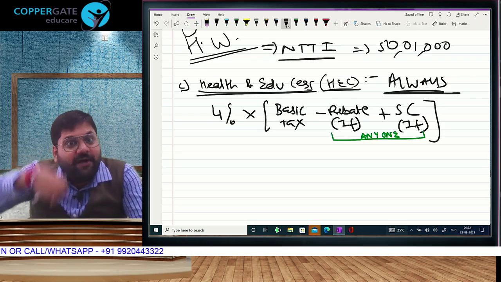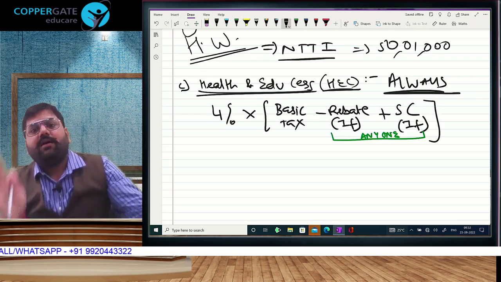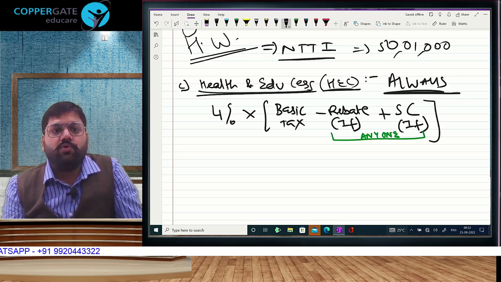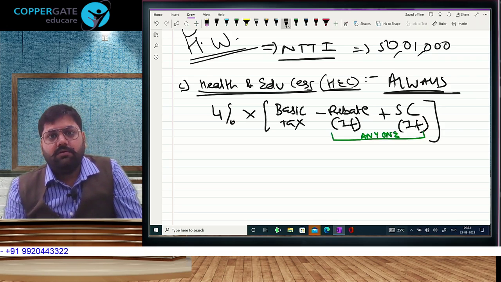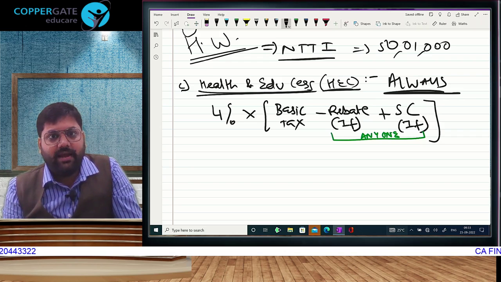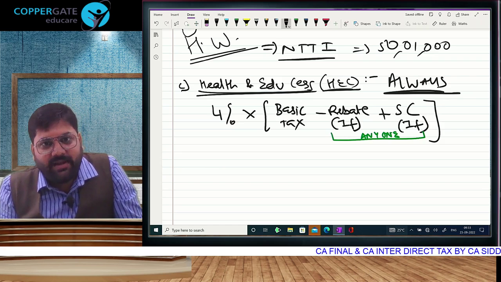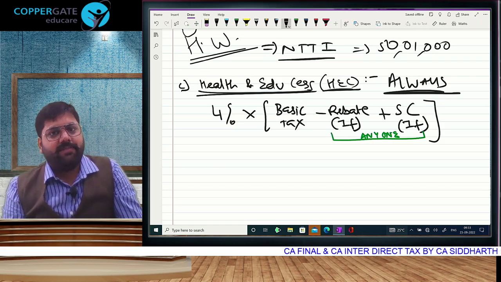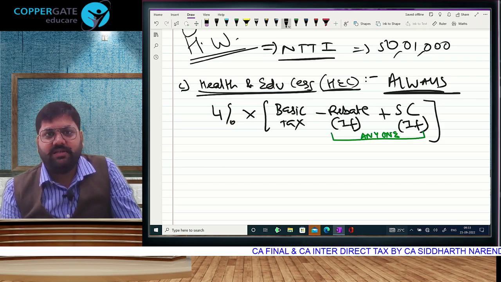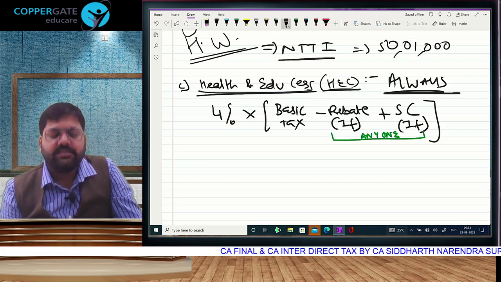So whatever you have done before this, do everything and apply 4%. That is how you are going to calculate your HEC, health and education cess. Have we understood this? So सबसे पहले we will do basic tax, then rebate if any, then surcharge if any with marginal relief, and finally we will apply cess.